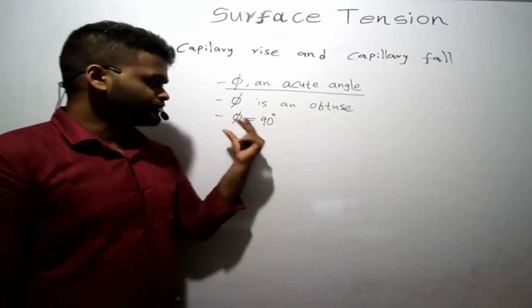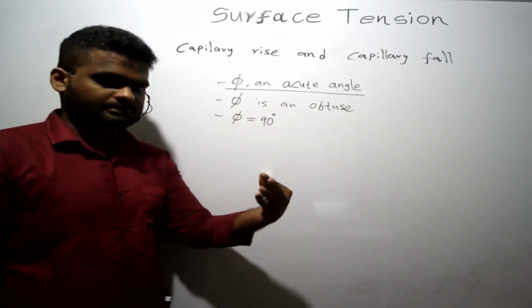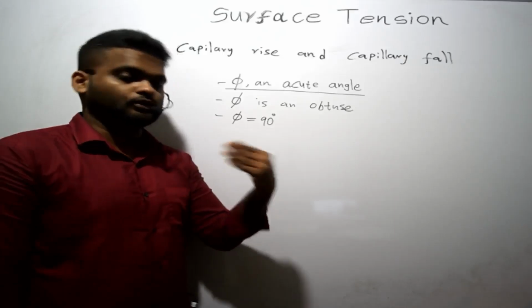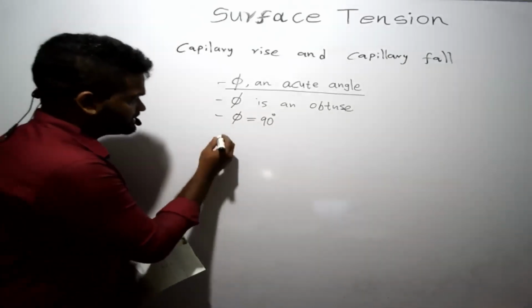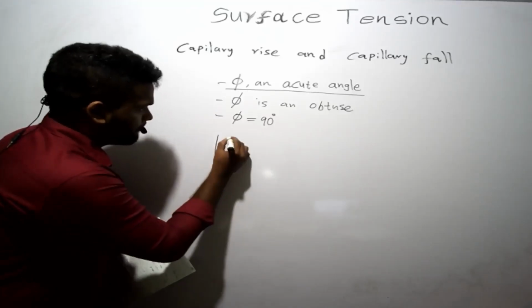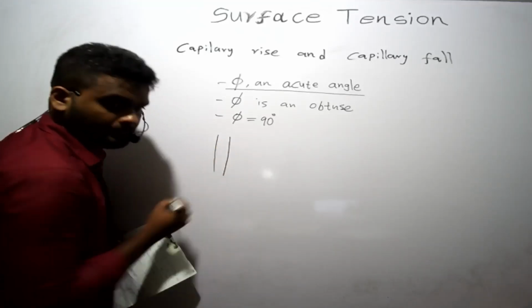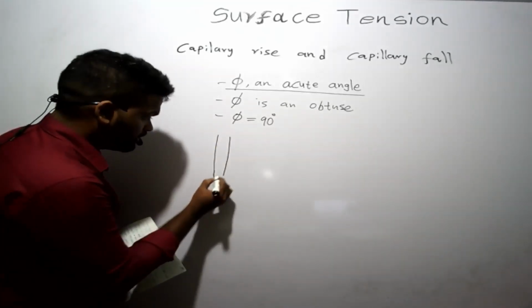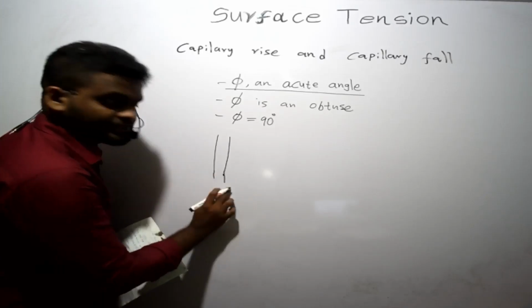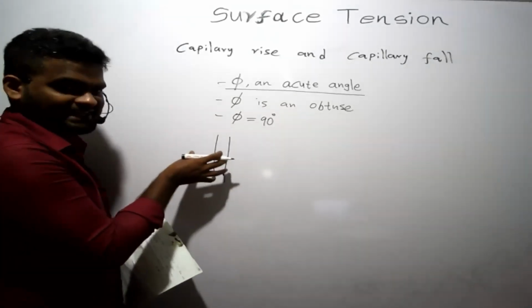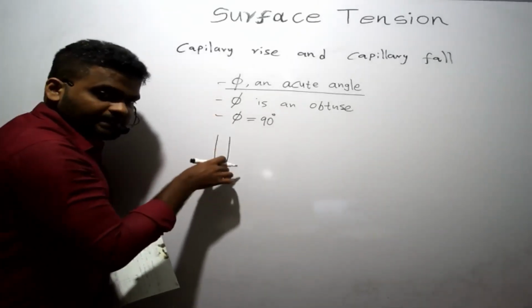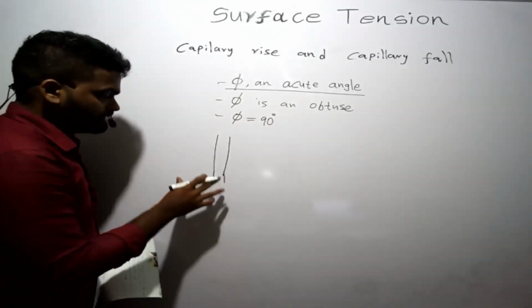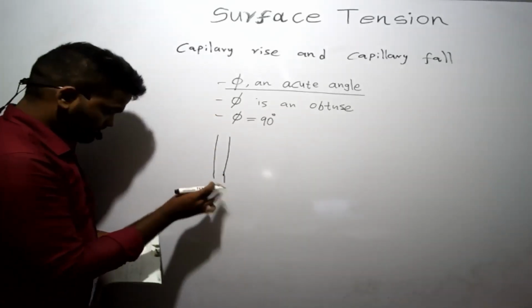So usually to demonstrate capillary rise, we use a capillary tube, right? Let's say this is a cross section of the capillary tube, somewhat enlarged. You immerse this vertically in a liquid, in this case water.